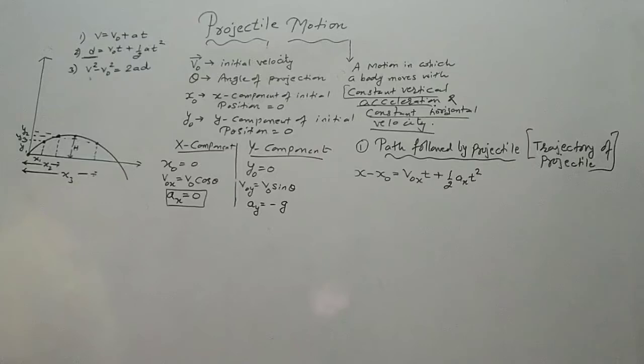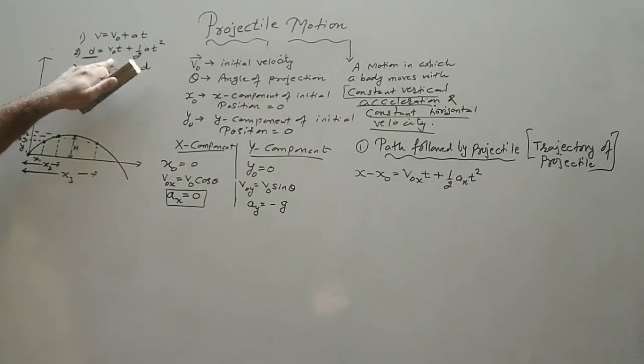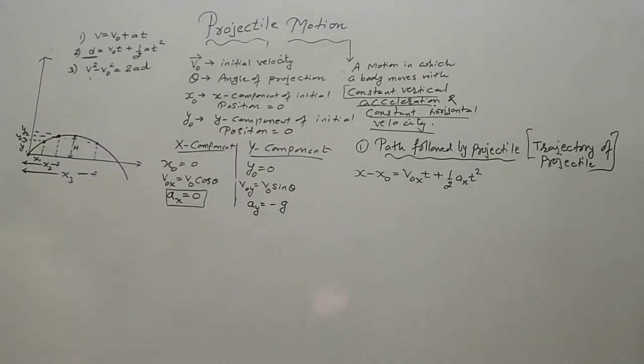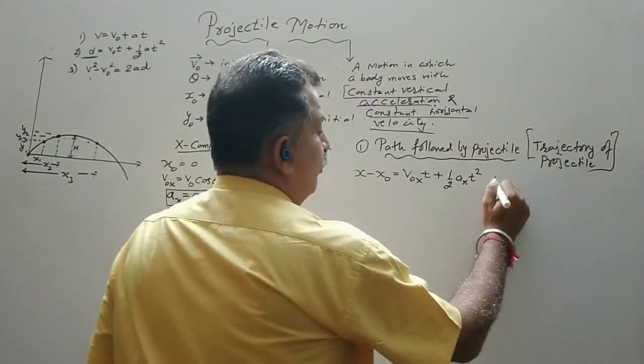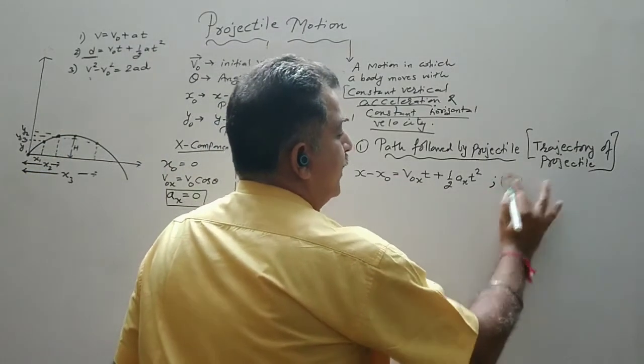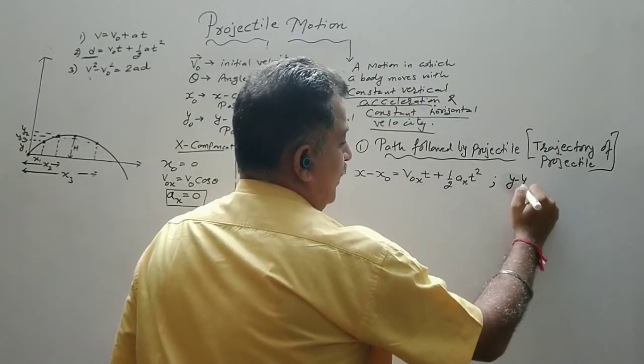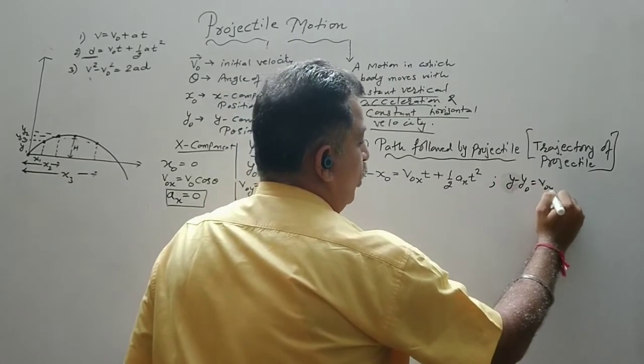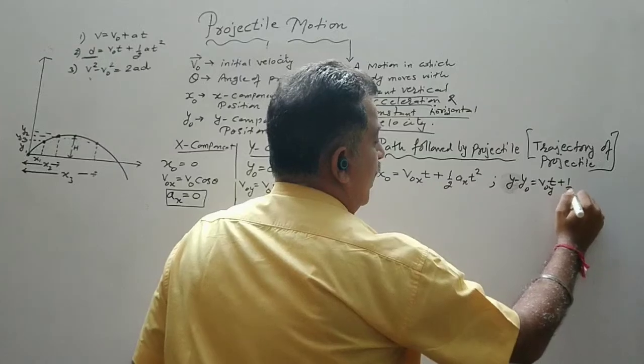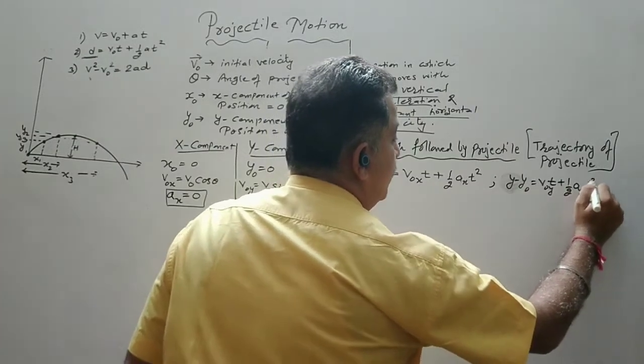That is the x component of this equation. Similarly, the y component of the equation is y minus y naught is equal to v naught y t plus half ay t square.